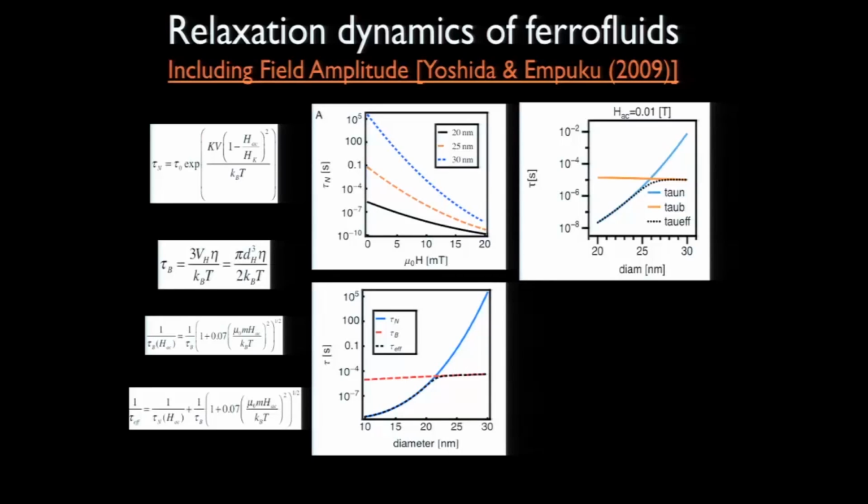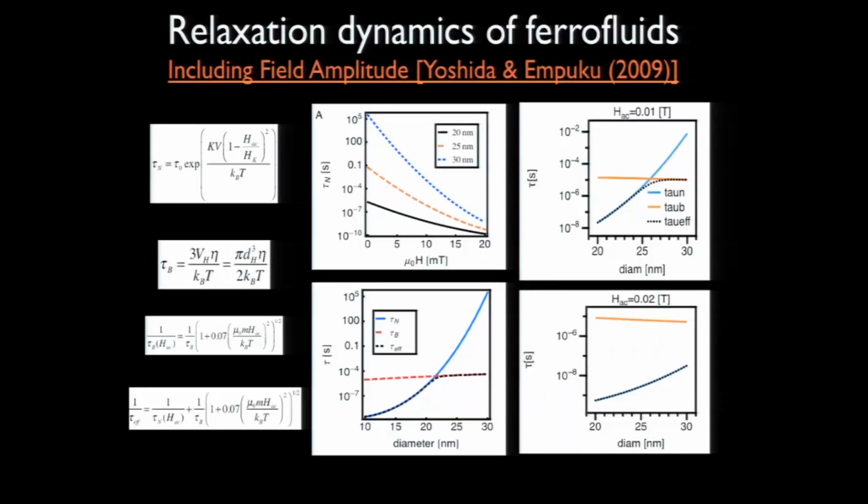So this is for about 10 millitesla, and now when you have 20 millitesla, you can see that essentially the Néel relaxation dominates, because now the field amplitude is in the exponent, and therefore you essentially get the Néel relaxation time dominating at these large field amplitudes.